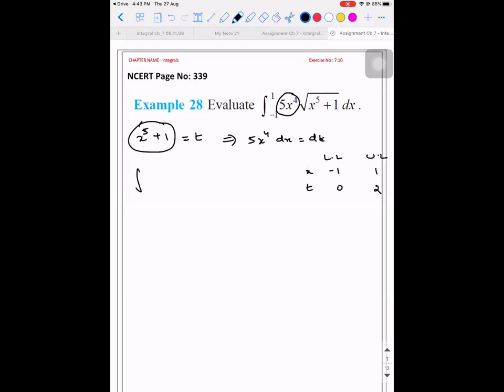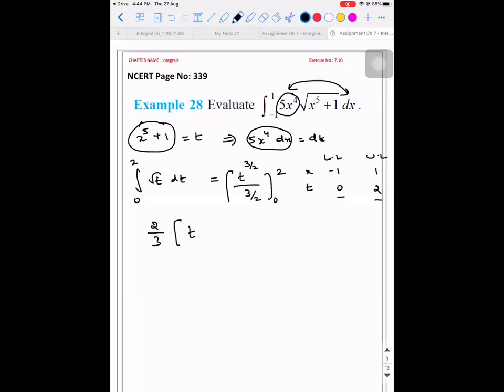So integral of, what should I write? 0 to 2, then 5x power 4 dx is dt. So root t dt. So you will have t power 3 by 2 divided by 3 by 2 between 0 to 2. Correct? So you will have 2 by 3 into t power 3 by 2 between 0 to 2.